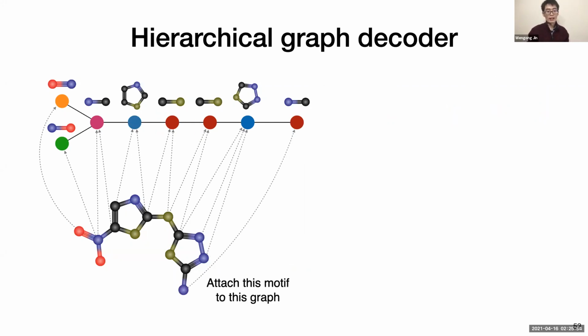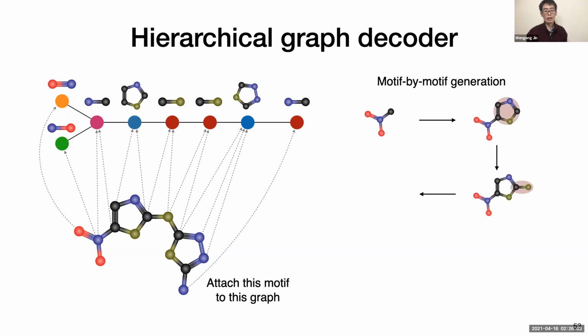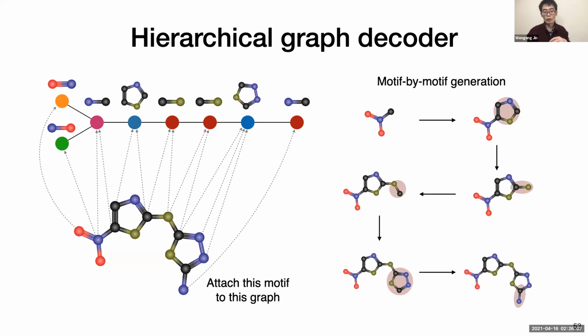So then I can attach this motif to this graph, and this gives you a one-step expansion of the molecule, and I can repeat this process multiple times until the model decides to stop.